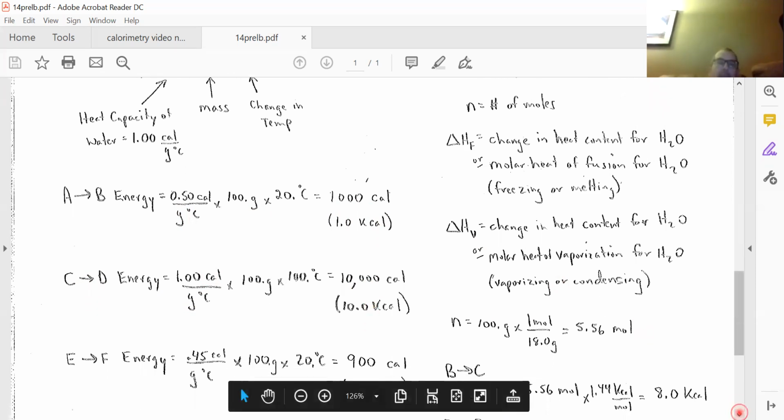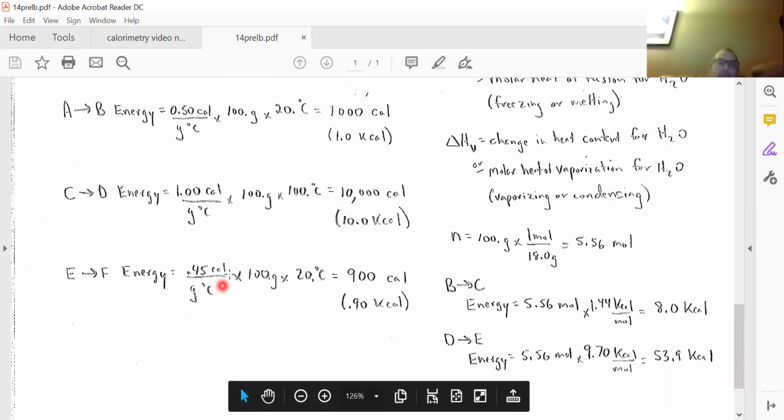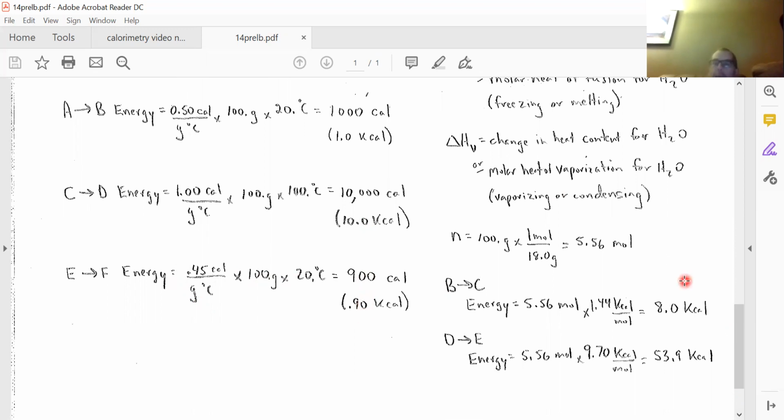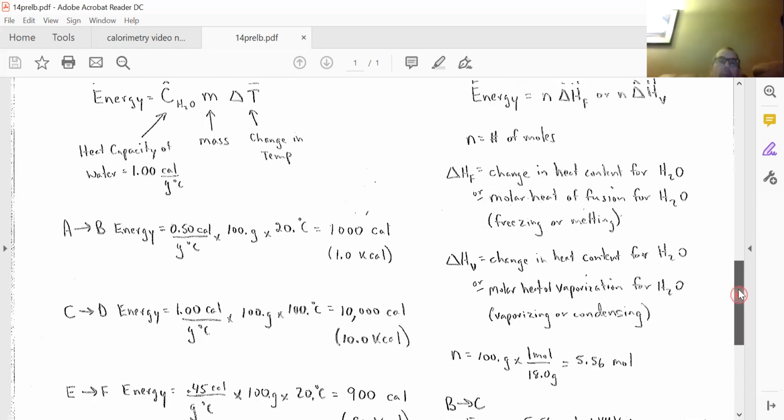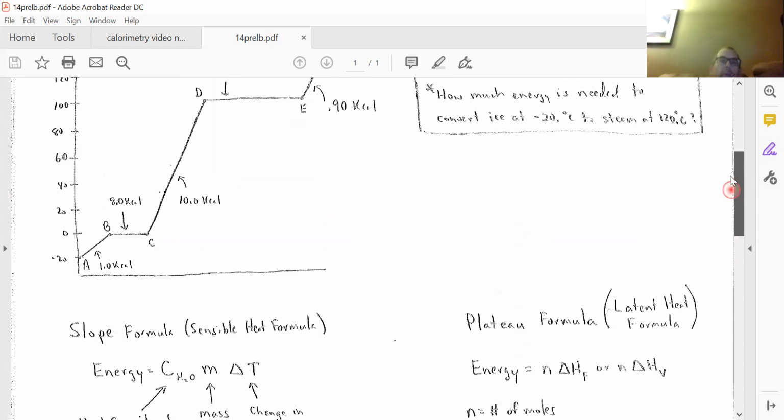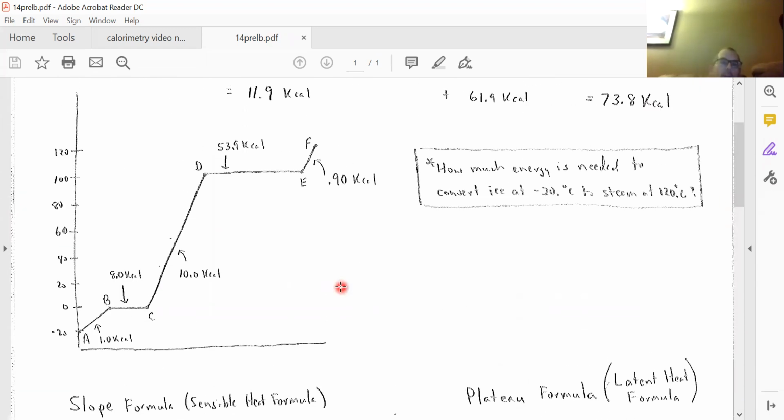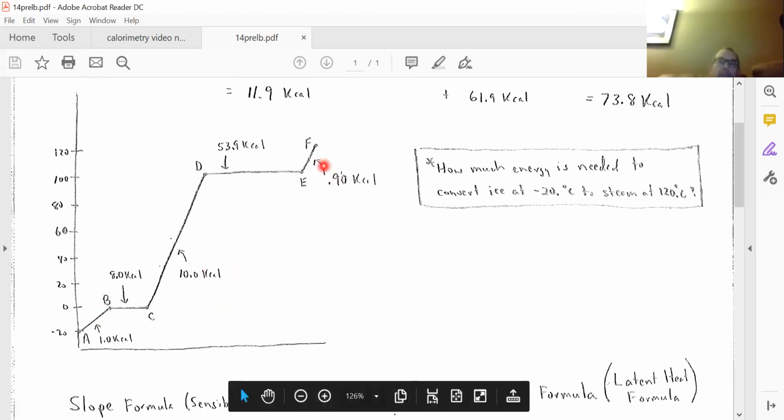And finally, E to F, this is the heat capacity of the gas. We had 100 grams, 20 degrees, and we get 900 calories or 0.9 kcals. So that's a quick summary of those slope formulas, and we plug those in up here: the 1 kcals, the 10 kcals and the 0.90 kcals for A to B, C to D, and E to F.